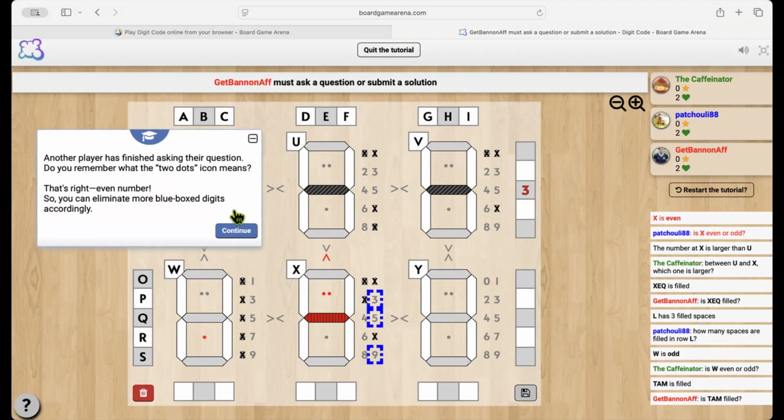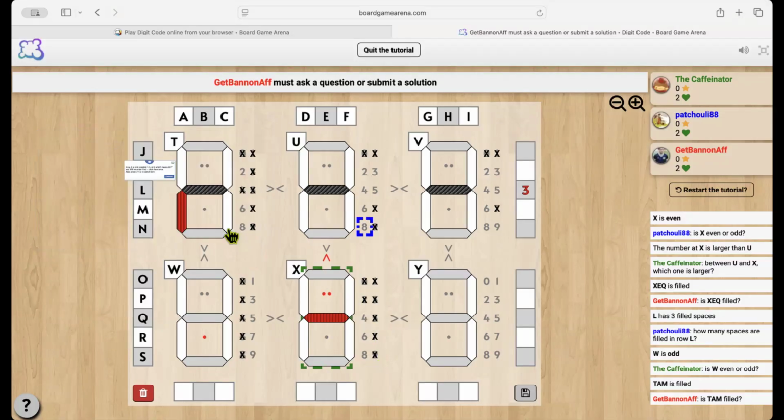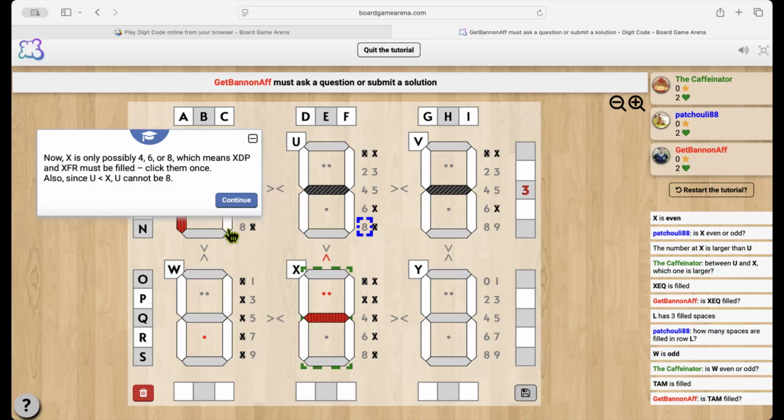Another player has finished asking their question. Do you remember what the 2 dots icon means? That means this is even. So this is even, so we cross out all the odds. Now, X is only possible for 4, 6, or 8. So then we have to see if these are filled.